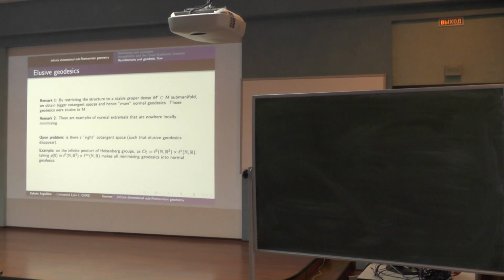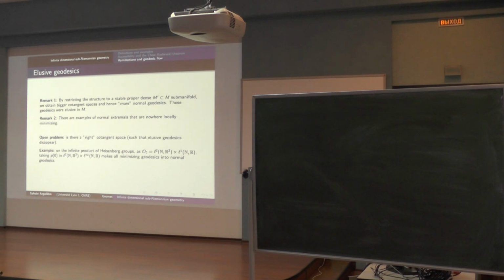Yeah. So you look at the product, the Hamiltonian product of Heisenberg groups, right? And I told you that the orbit of zero is actually a dense subspace, right? It's L2 of R2 times L1 times R. And now you restrict this structure to this dense subspace, which has a new, stronger topology.